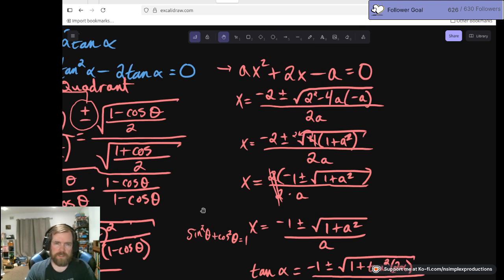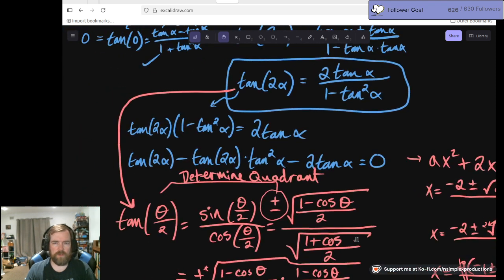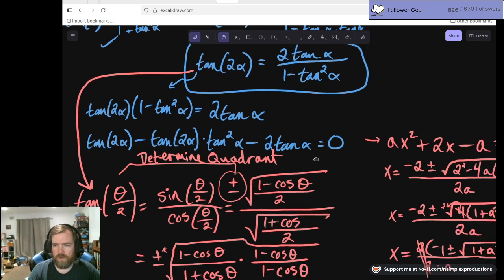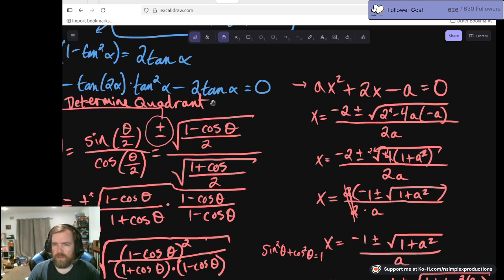We'd attempted to say here in blue, if we have tangent of 2 theta is equal to 2 tangent theta over 1 minus tangent squared theta, then we can rearrange everything. The tangent is then going to be a quadratic. So tangent of alpha is going to be x in this thing.